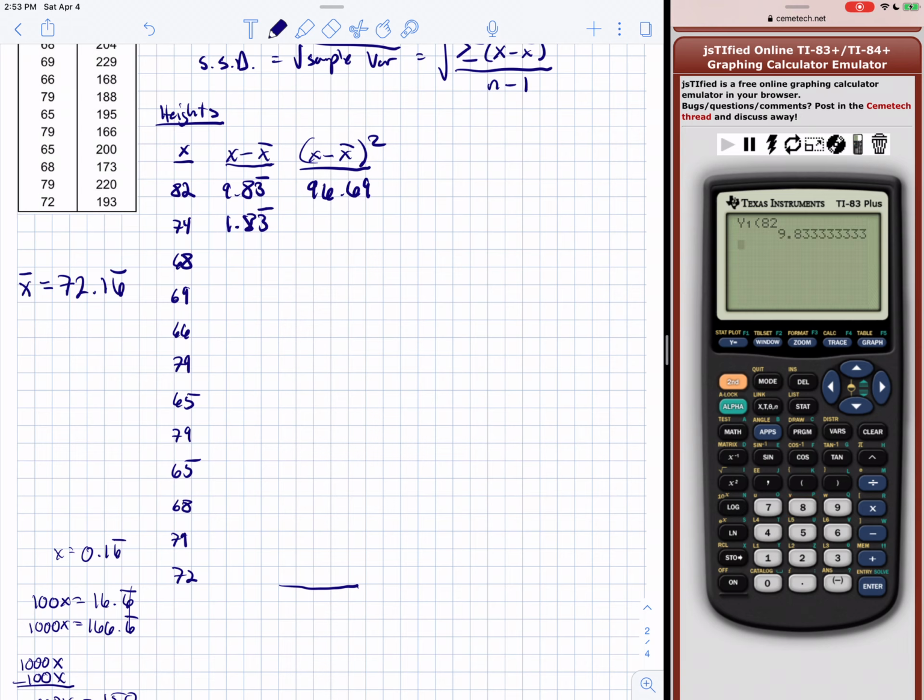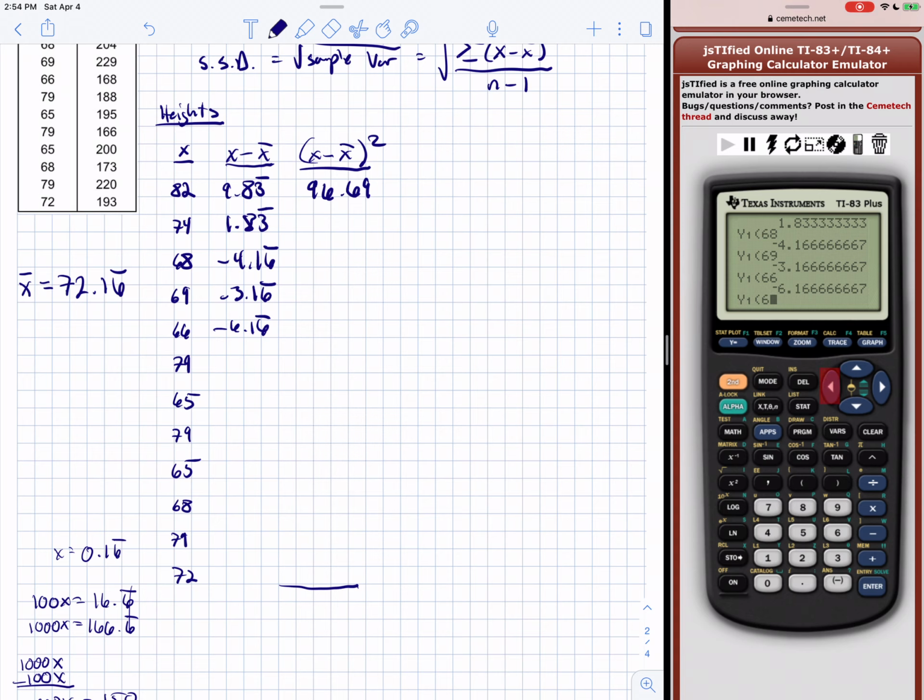We got it there. I'm going to just go ahead and do this for all of them. 74, 1.83 bar. 68, negative 4.16 bar. 69, 3.16 bar. 66, 6.16 bar. 79. Did we do 79 already?